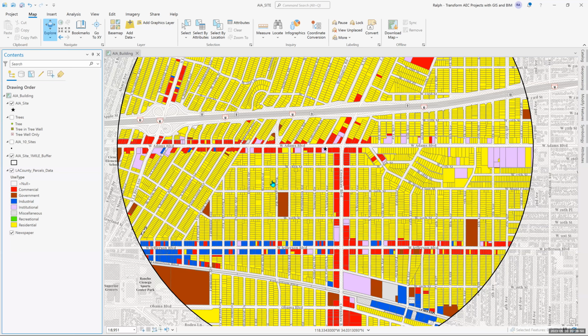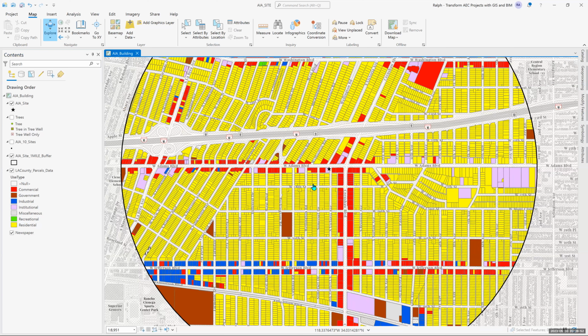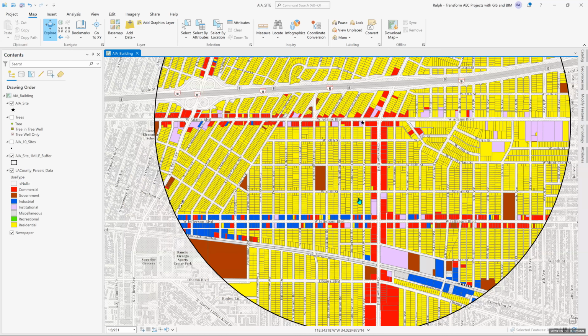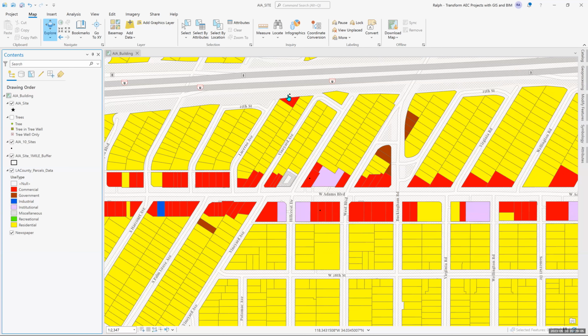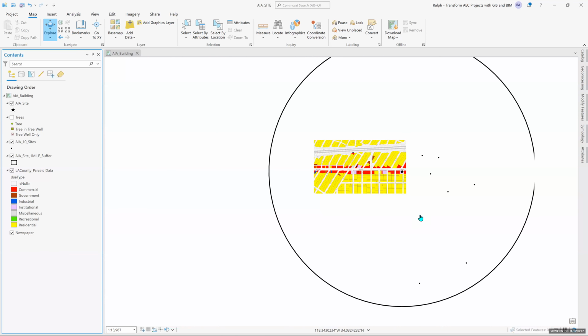So when I open this, the parcels, I made sure my 10 sites were on top of commercial or government, just to know if the site I'm building would fit.